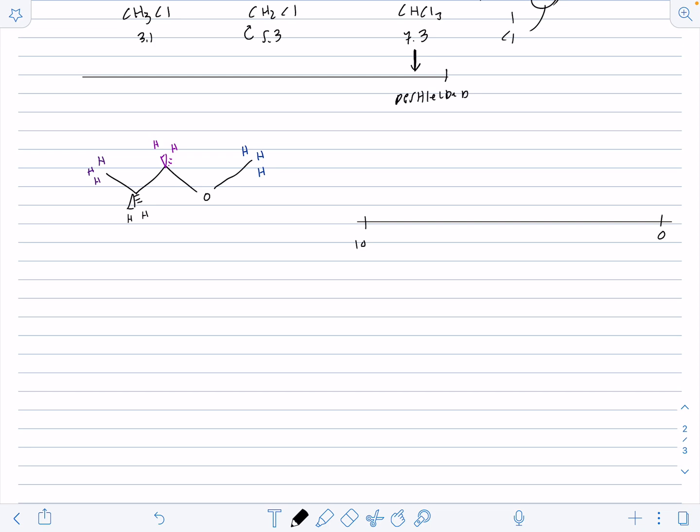But I know already that this oxygen is very electronegative. So that means that it's going to pull on the electrons of the hydrogens, pull them in, leave their protons naked, and then they would be more de-shielded. So one thing that we need to know, that I actually learned today, is that the chemical shift value will be higher, which means more de-shielded, for these protons on the right than these protons on the left.